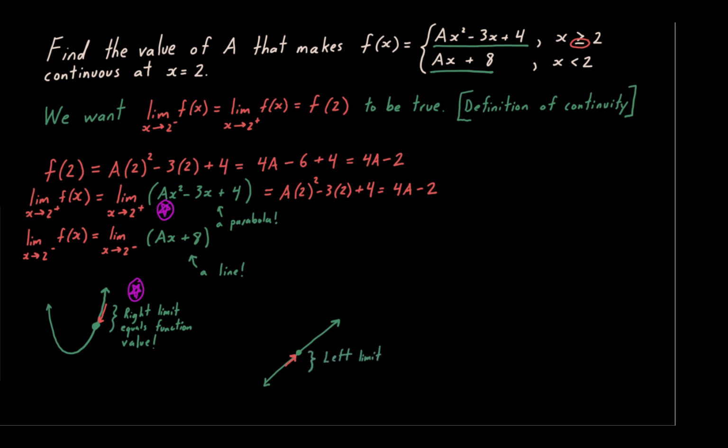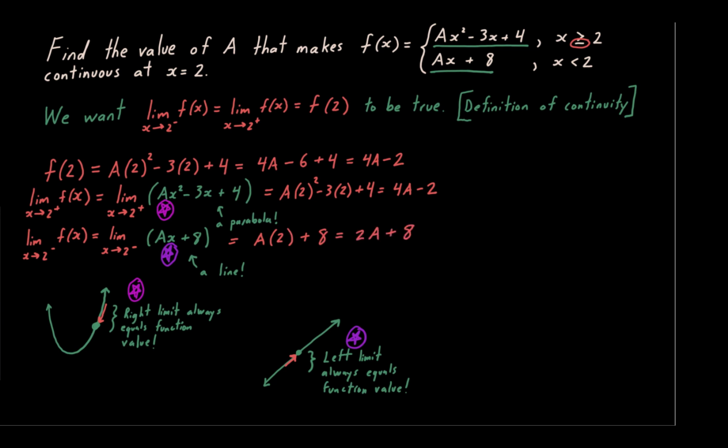And lines, just like parabolas, for any point you pick on them, the left limit value will always equal the function value. It's continuous everywhere. So, starring that, I can say it's equal to the function value of the line, which is a times 2 plus 8, or 2a plus 8.